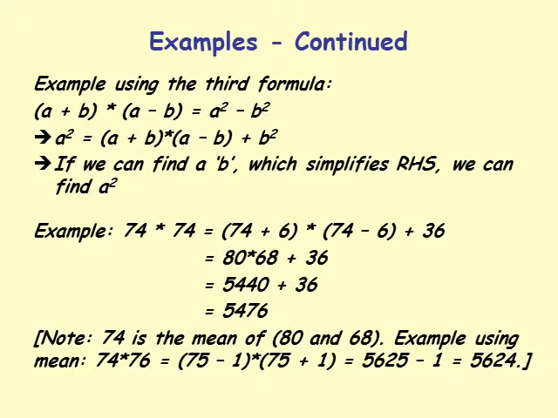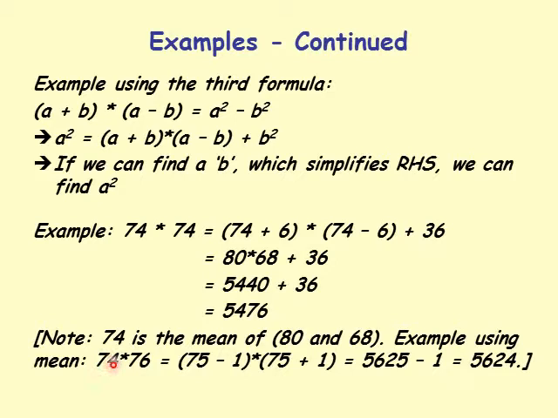Let's continue here. We were doing 74 times 74. If you multiply these two numbers together, you will notice that 74 is the average of these two numbers: 80 plus 68 is twice 74.